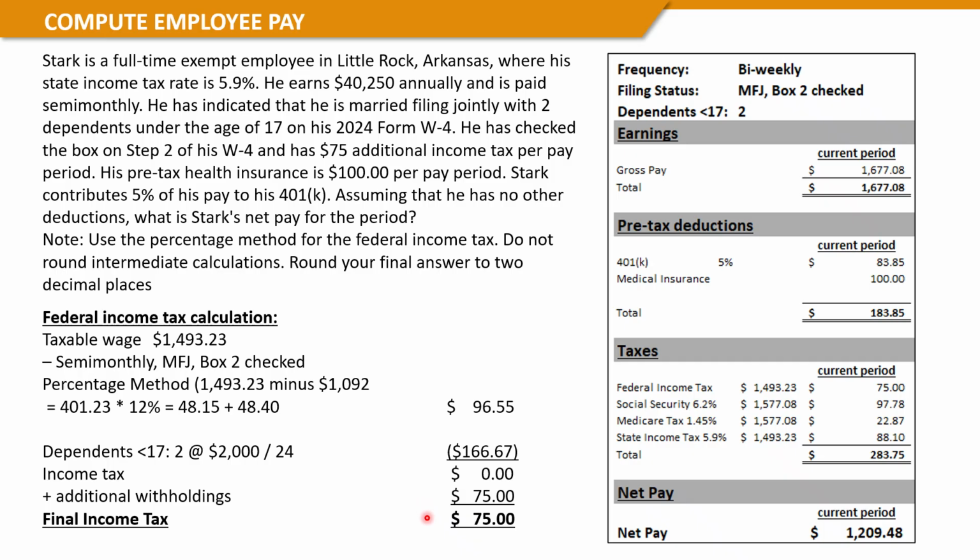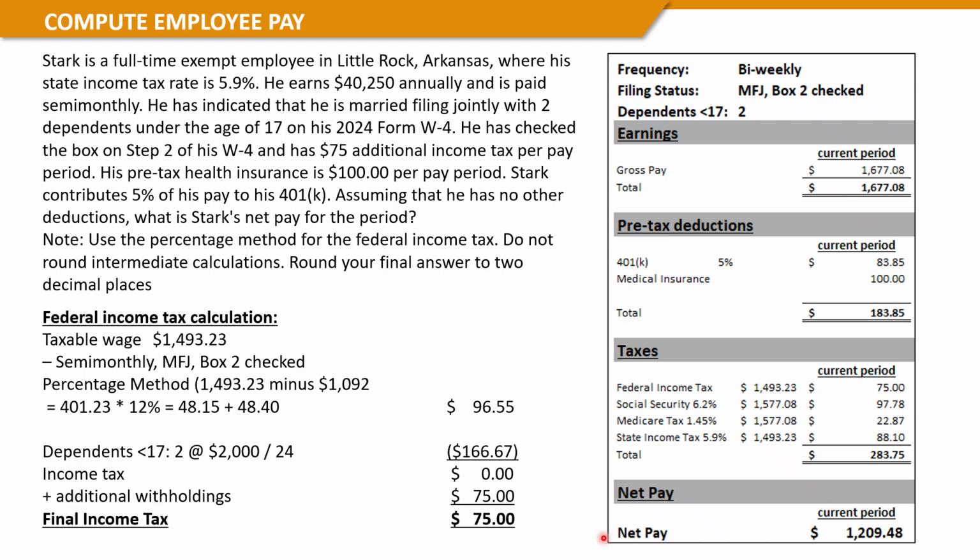Okay, now we're ready to calculate the state tax of 5.9% of $1,493.23, which is $88.10. And FICA, which is 7.65% of $1,577.08, the FICA taxable wages, for $97.78 for Social Security and $22.87 for Medicare tax.